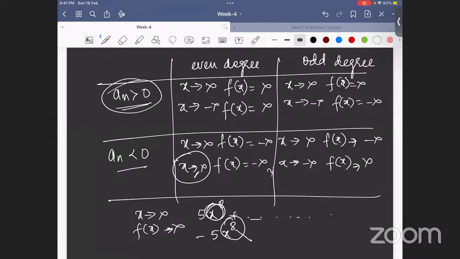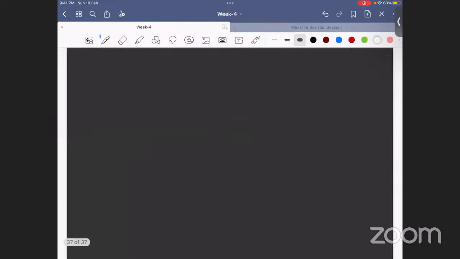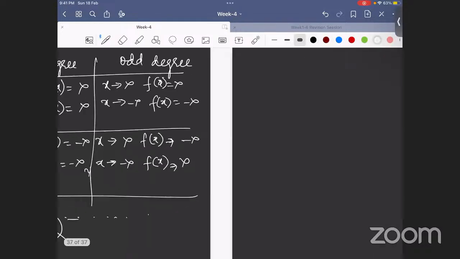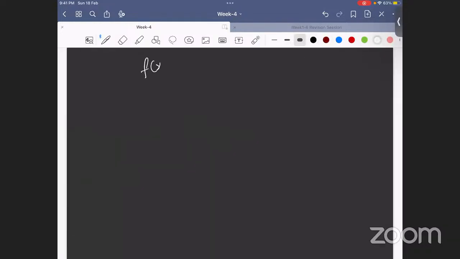Which type of function? Can you give me an example? Yeah, for example, let's consider an is greater than 0, say an equal to 2, and let's say 2x power 4 plus x cube plus x plus 1.